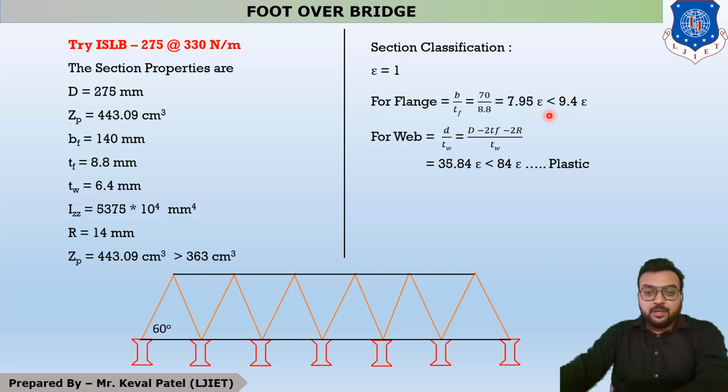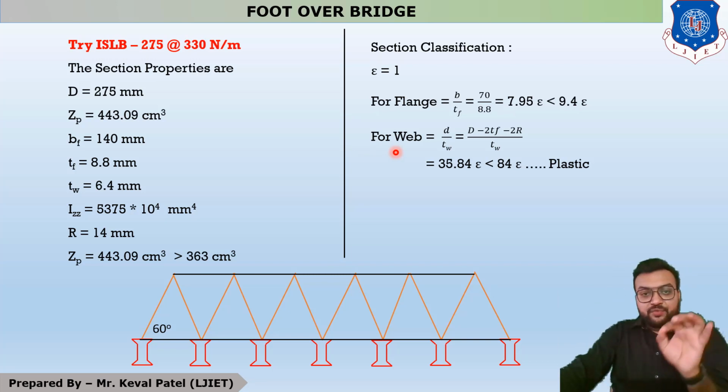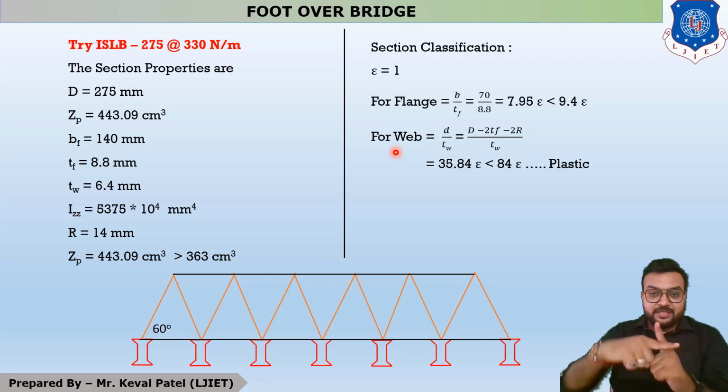Now we are moving further to the web section, and for the web section you can see the third column, web of an I, edge and box section. You all know that your I section is symmetric about both axes.